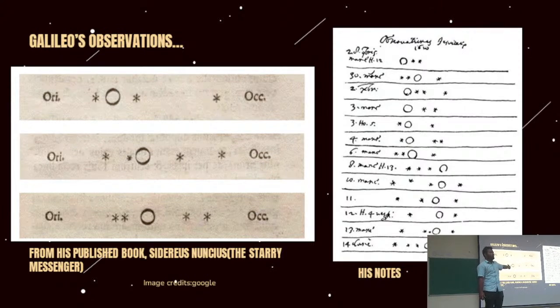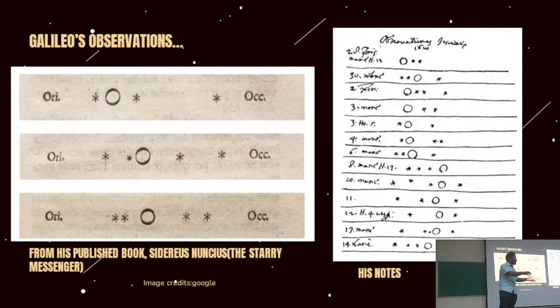This led him to think that Earth is not the center of the universe or solar system, the Sun is. If Jupiter can carry its moons around the Sun, so can Earth. That was one strong piece of evidence for the heliocentric solar system.